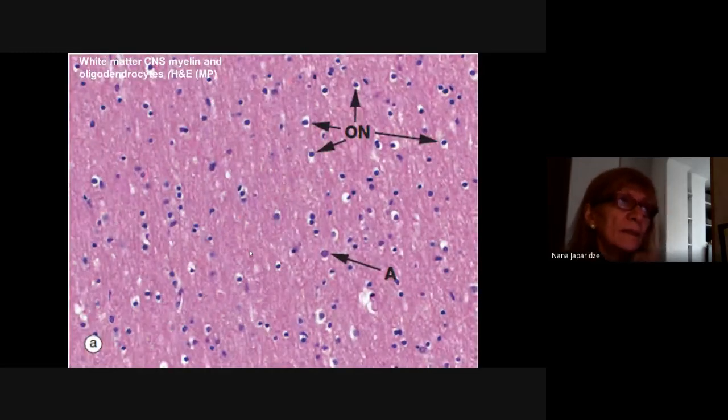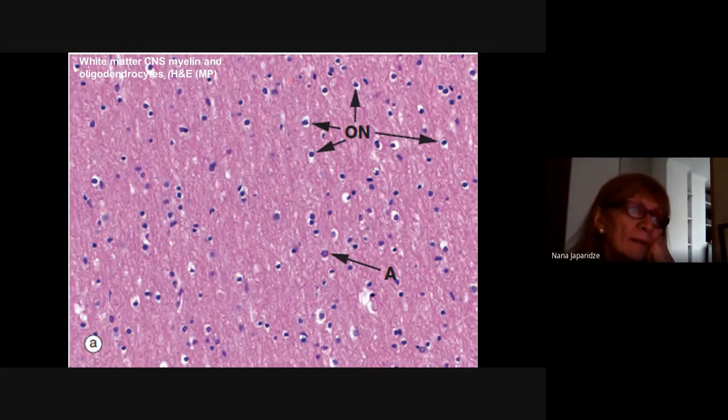So look, this is white matter, and you see here astrocytes, and sorry, this is a myelinated axon. Look, these are such types of profiles, or this one, for example, they belong to a myelinated axon. And also the nuclei of oligodendrocytes are clearly visible.